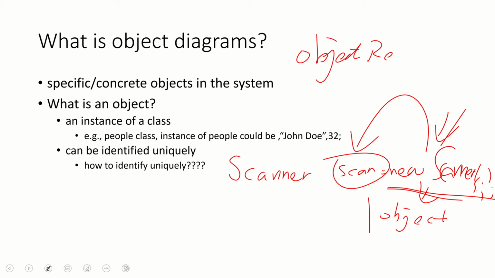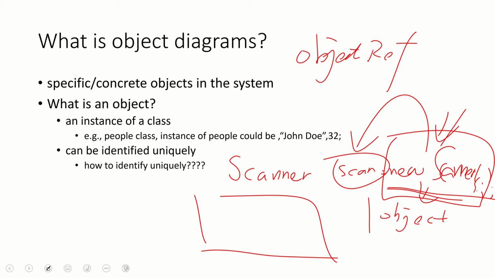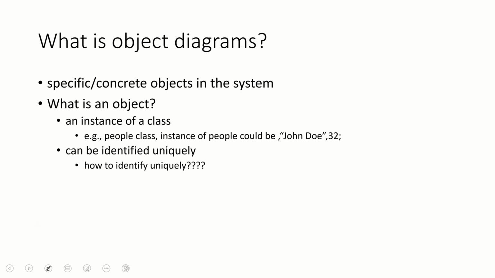So scan is the object reference. It is a name, right? But basically we use this part to create an object in your computer memory. This is the work to create a specific object of a class. Here we create a specific object of Scanner. Then we use scan to call a specific method in the Scanner class.